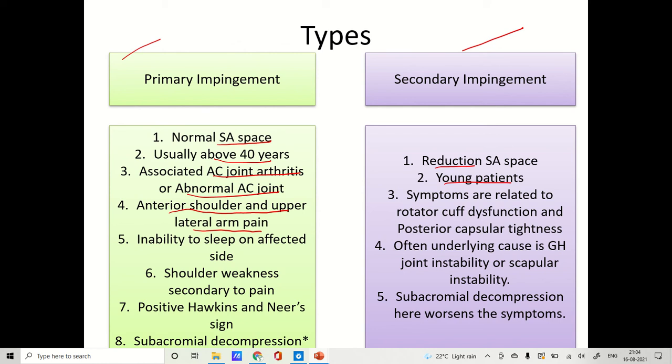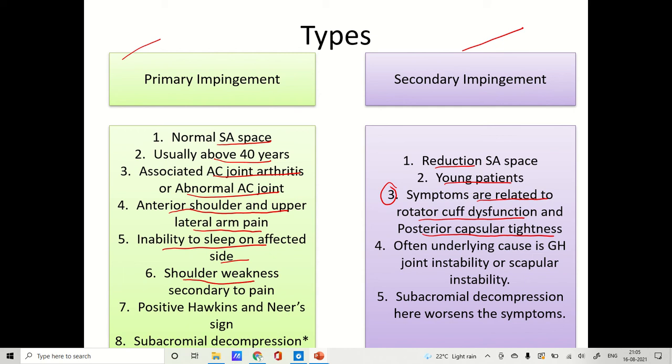Secondary symptoms are related to rotator cuff dysfunction and posterior capsular tightness. Operated cases of shoulder impingement also have the third point, not the fourth point in the primary. Coming to the primary again, inability to sleep on the affected side. The same thing is usually seen in the secondary as well.